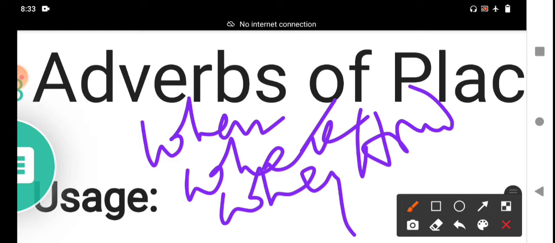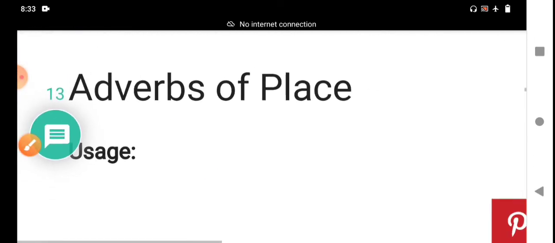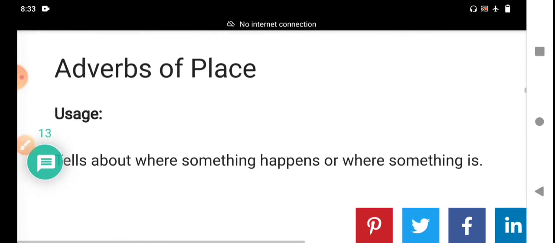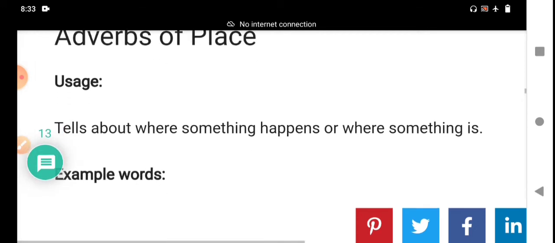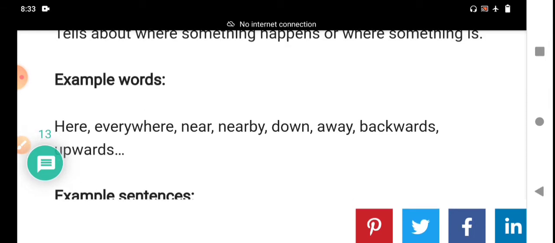For example, here, everywhere, up, within, away, there, here and there, out or in, backward. These are the vocabulary belonging to adverbs of place, and they tell about where something happens, where something is. Everywhere, here, near, nearby, down, away, backwards, upwards. These are the adverbs of place.